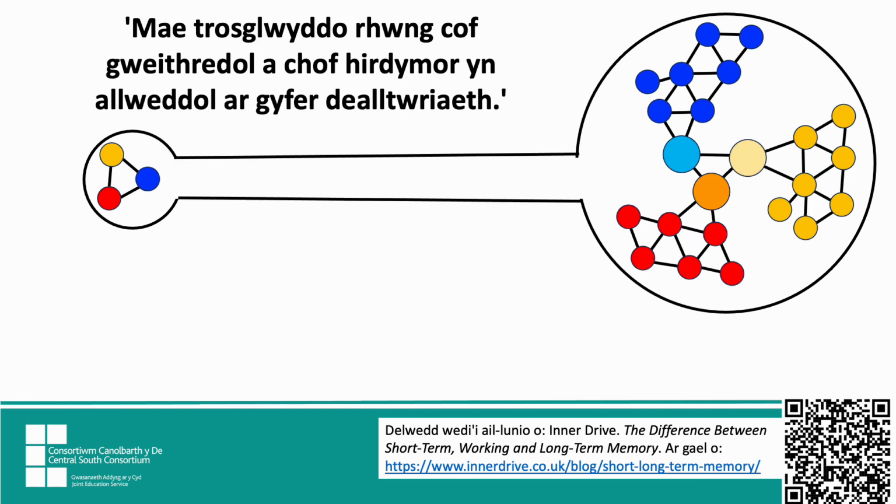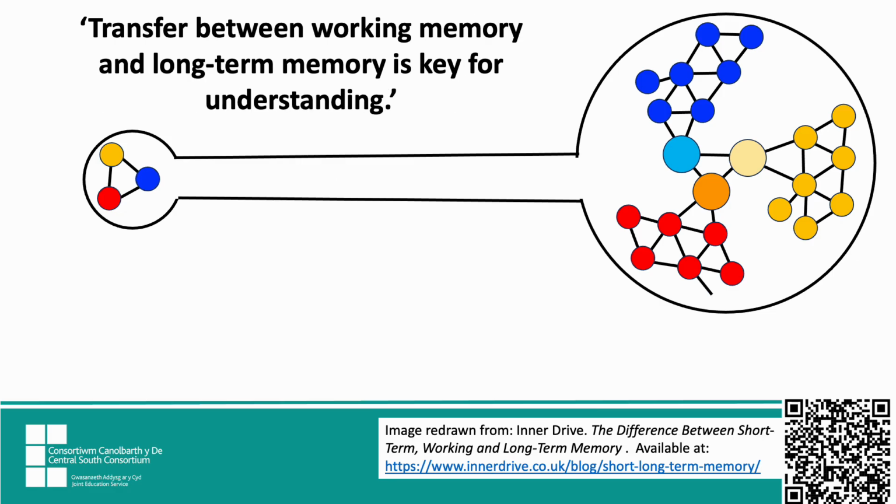This diagram, also redrawn from Inner Drive, represents the key role that transfer between long-term memory and working memory play in the learning process. Long-term memory is not simply a storage vault that information can be randomly thrown into.